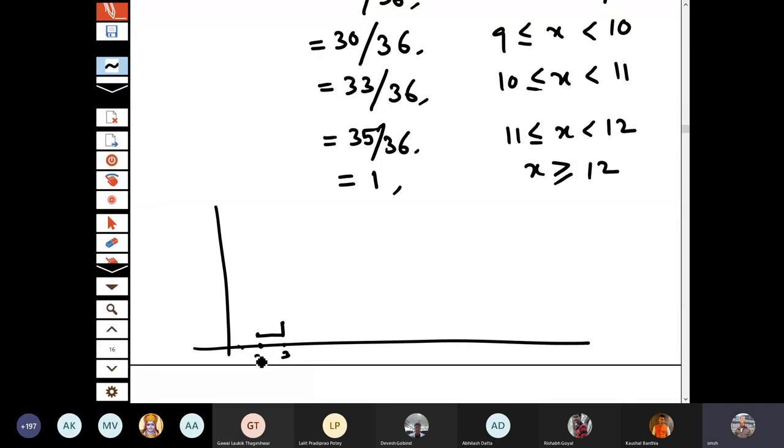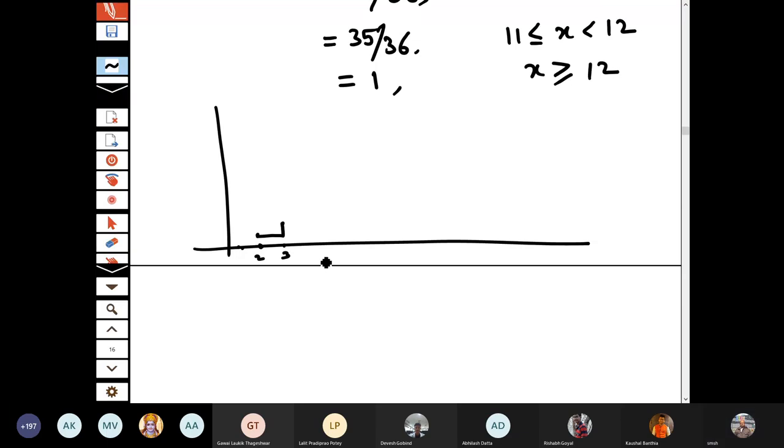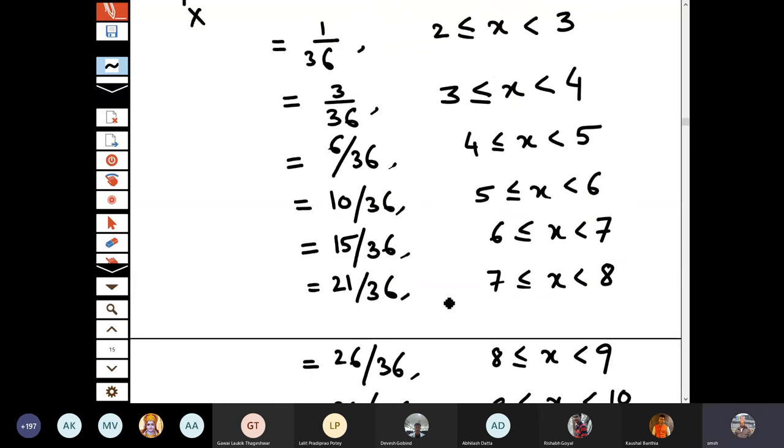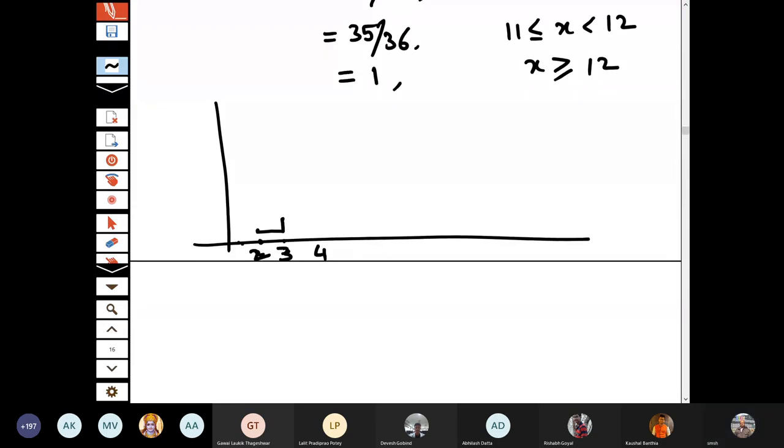Then at 4, it is 6 by 36, and so on. At 5, and finally it is becoming 1.